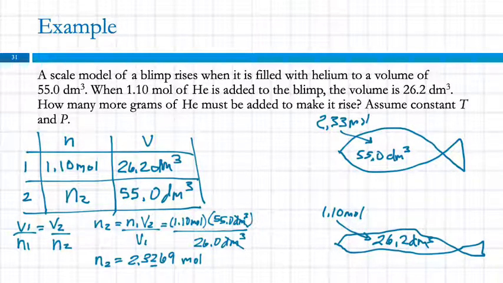This is an adding gas problem, and I will try to trick you with one of these. Okay. So the question is asking, how much gas do we have to add? How much more do we have to put in to make it float? So we can find the amount of gas in moles.